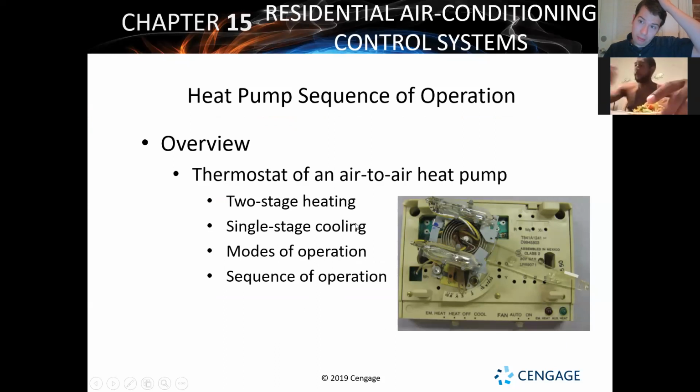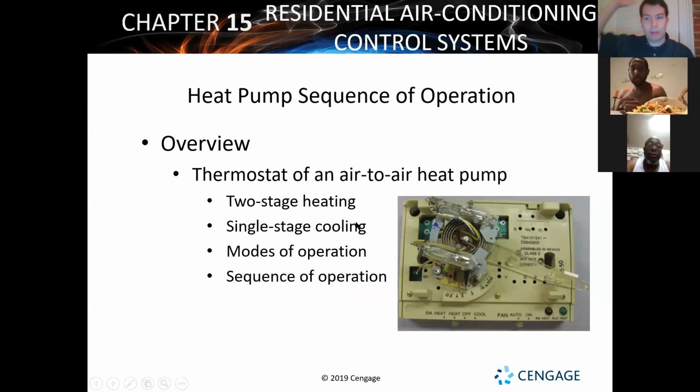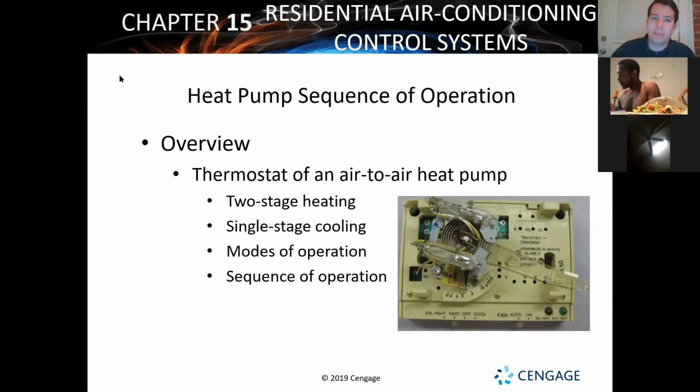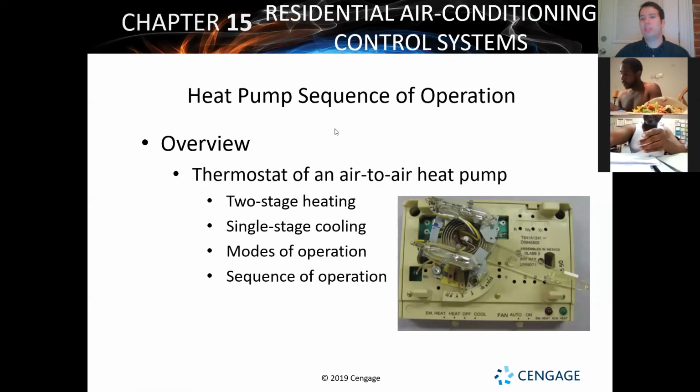So, heat pumps. As far as the sequence of operations and how they're going to operate, you're going to learn more about that in depth, like I said, in your heat pump class. When you hear about these orders of operations or orders of steps, depending on the type of system, it's going to be different, obviously, but this is what's going to allow you to do your troubleshooting the easiest way possible.